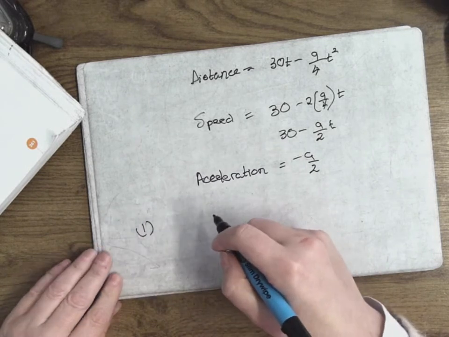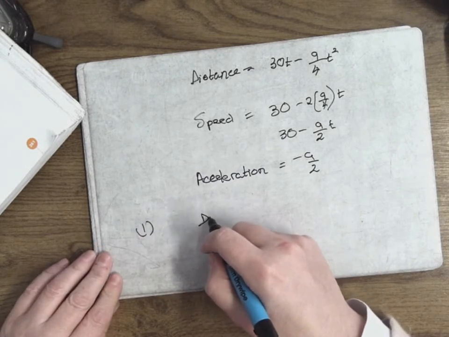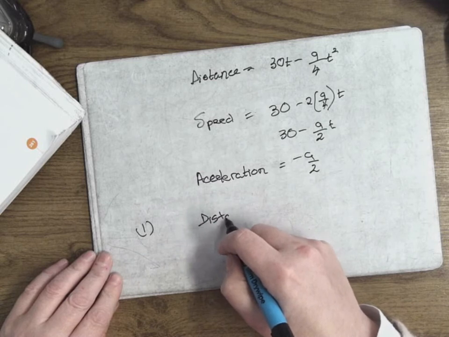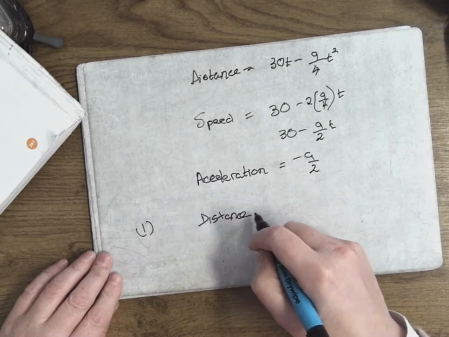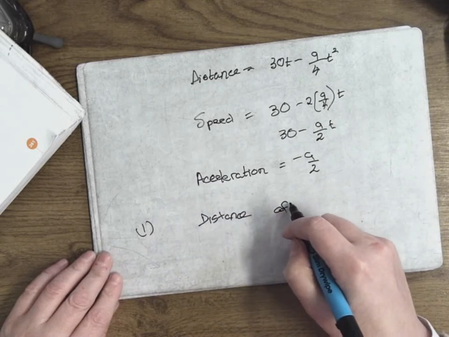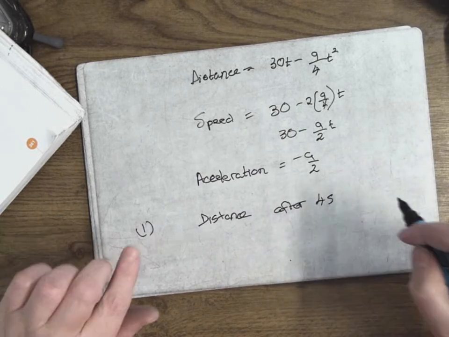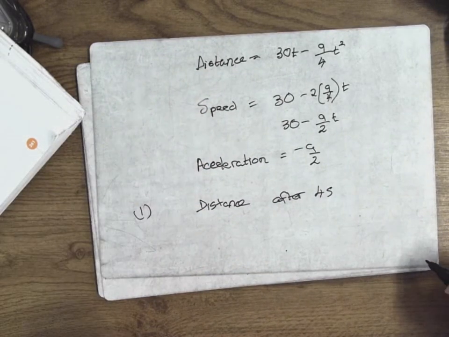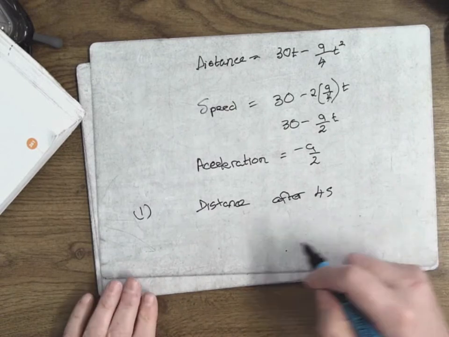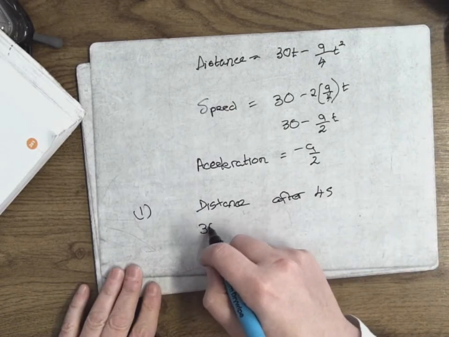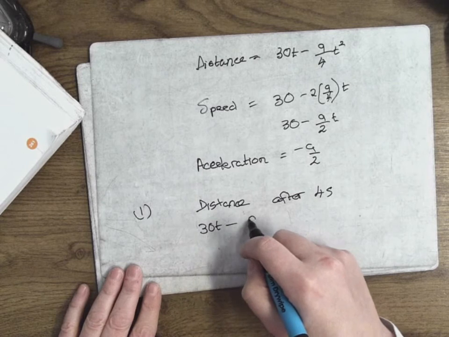So part 1 says find the distance after 4 seconds. I have my 3 formulas up here. So which one am I picking? 30t minus 9 over 4 t squared.